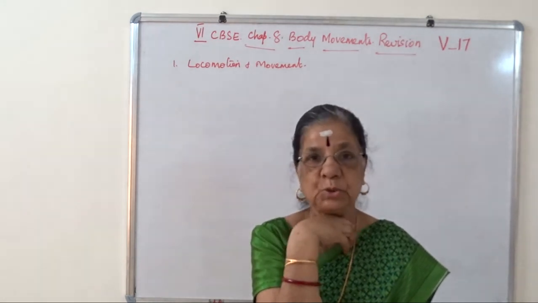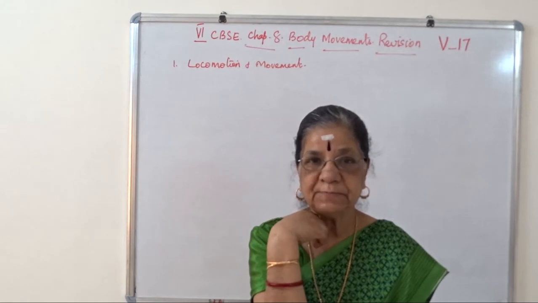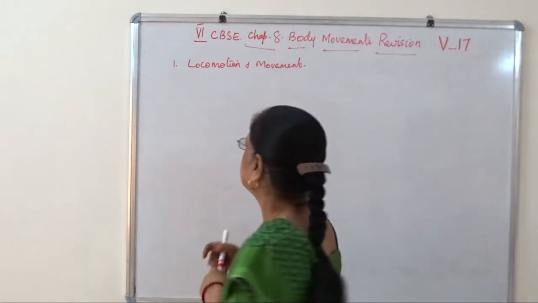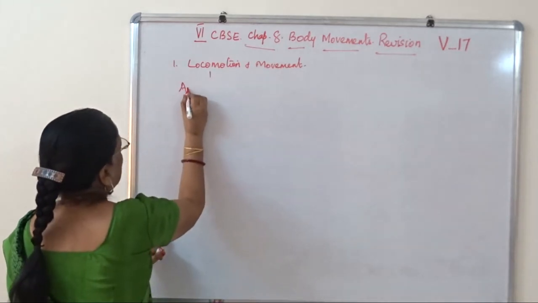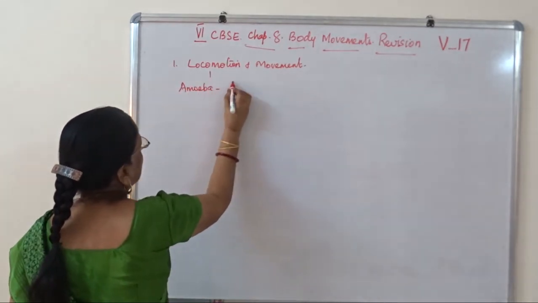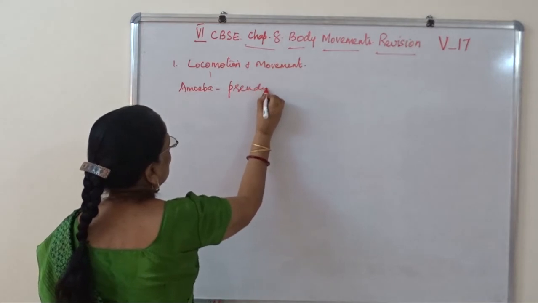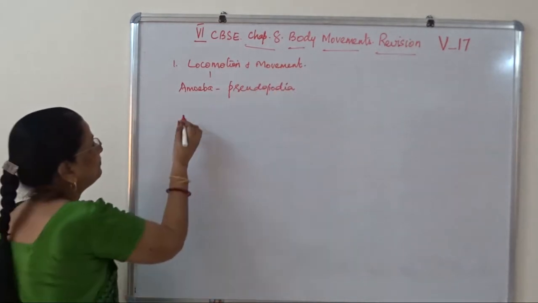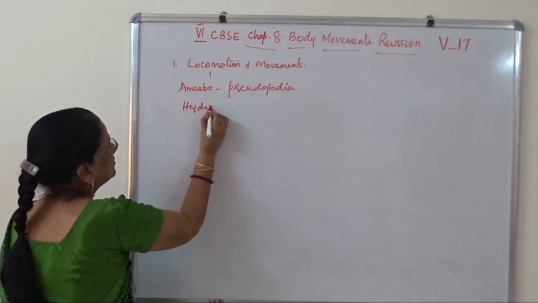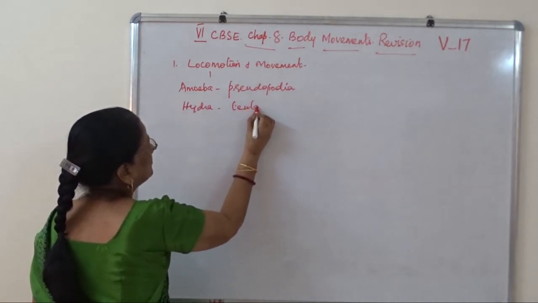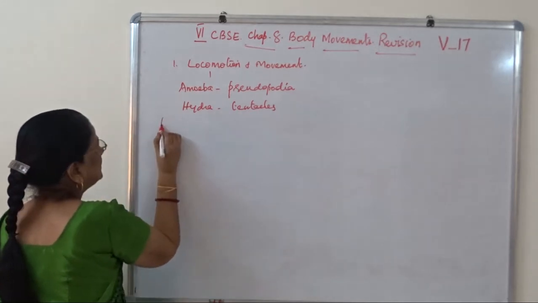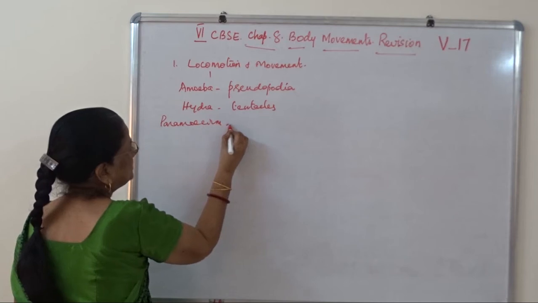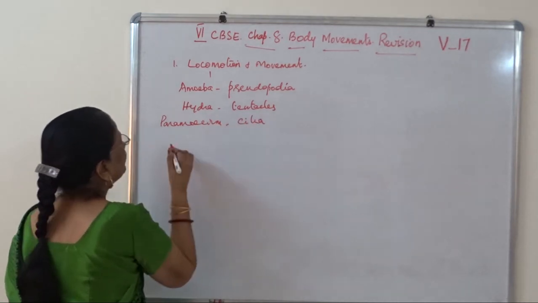Well, this locomotion is done by different organs. Amoeba, locomotory organ, it is pseudopodia. Hydra, it is tentacles. Paramecium, it is cilia.